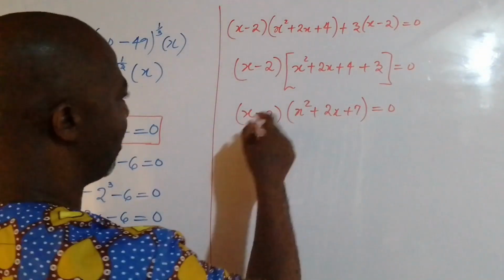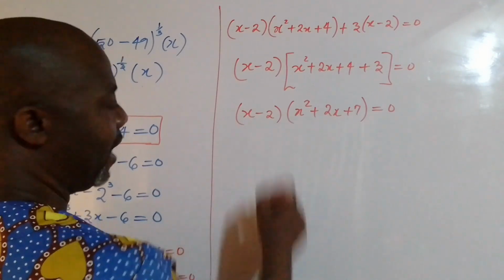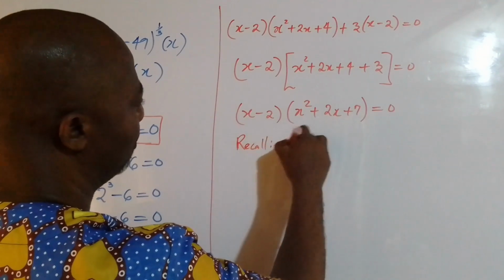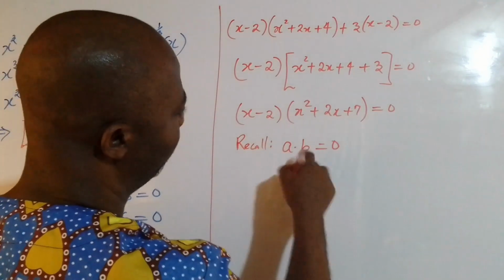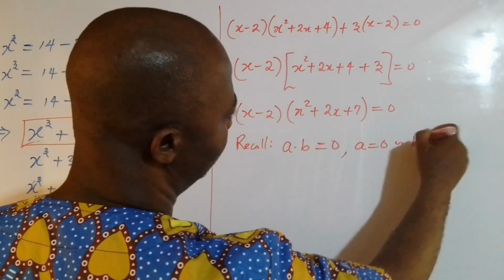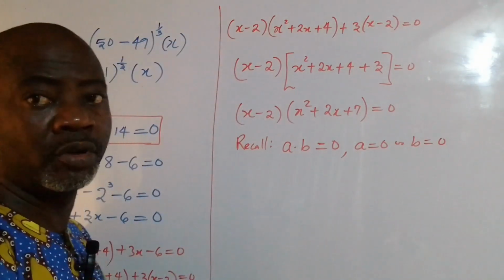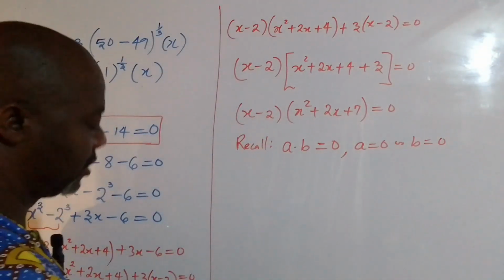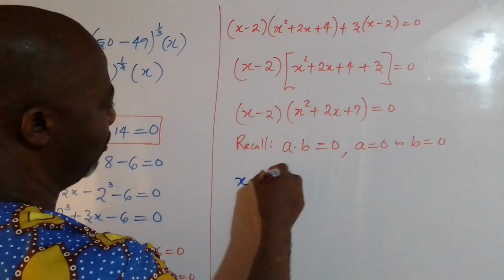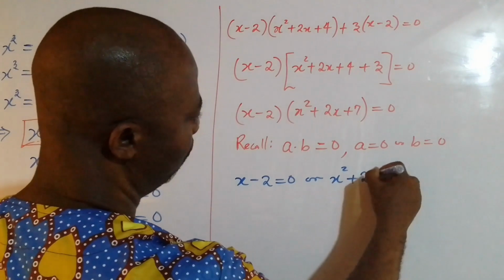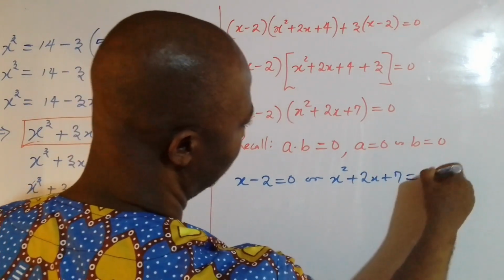Okay, so from here now we can say, if we apply the recall that if a times b equal to 0, it means that a equal to 0 or b equal to 0. So I am going to go ahead and finish this off. So it means that x minus 2 equal to 0 or x squared plus 2x plus 7 equal to 0.